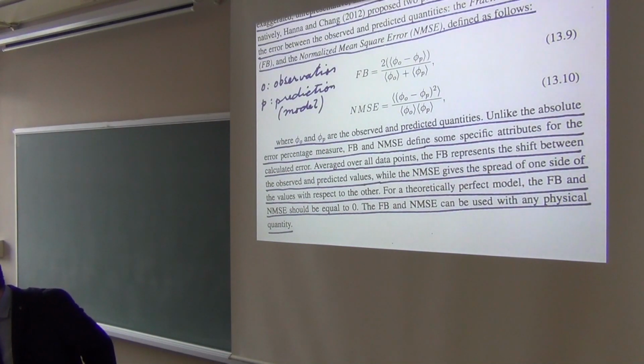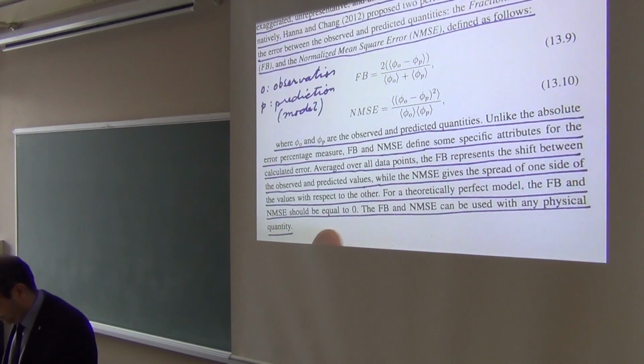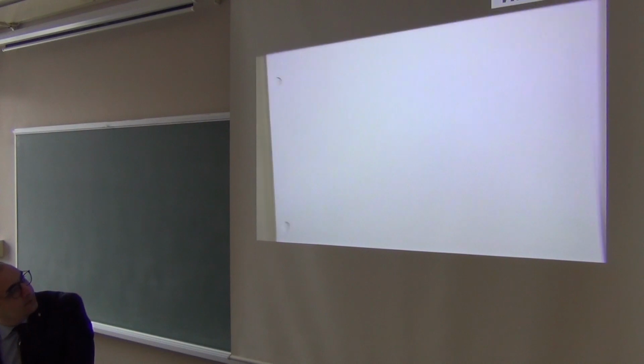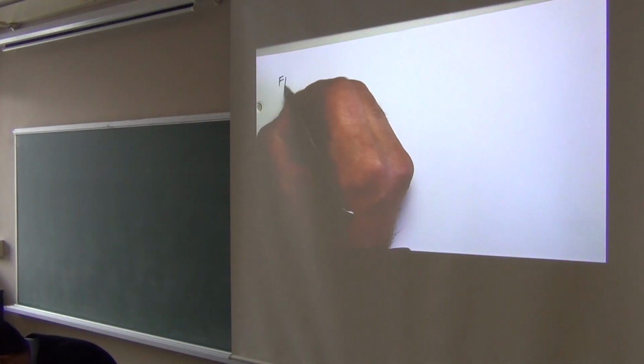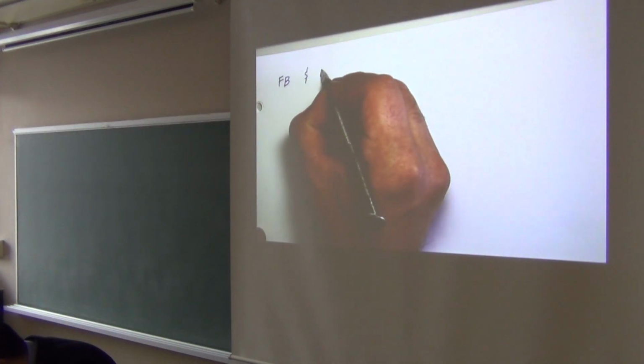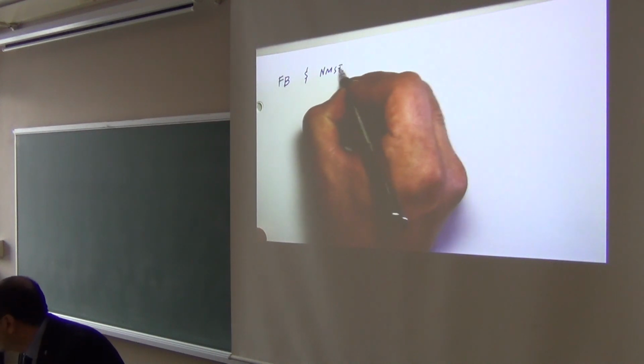Okay, so let's put a nice picture here. I want to do it here. So this concept of bias and NMSE: fractional bias versus normalized mean square error.